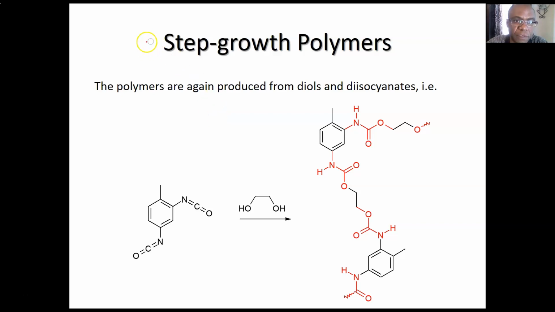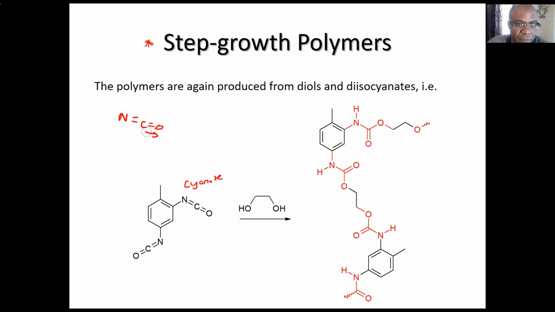Okay, continuing with step growth polymers or polymerization, you can use diols to do an addition reaction to cyanates. So this is a cyanate. Cyanate is this group. You can attack.